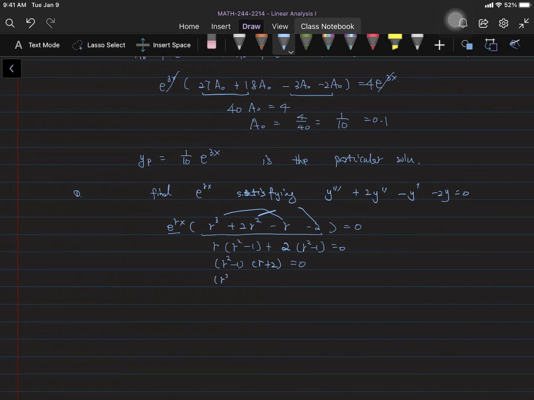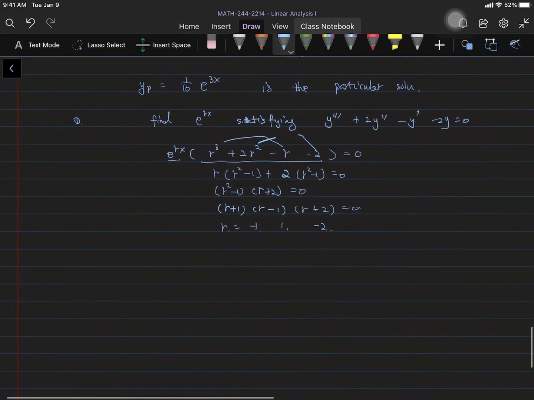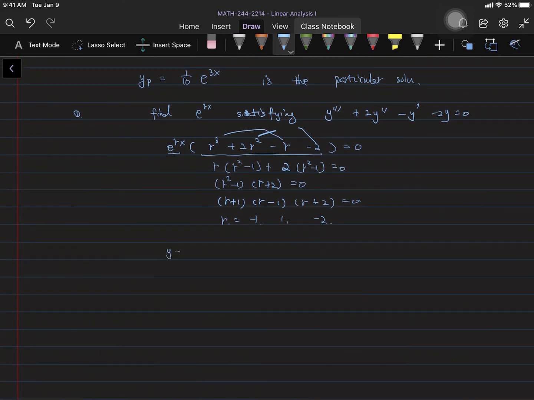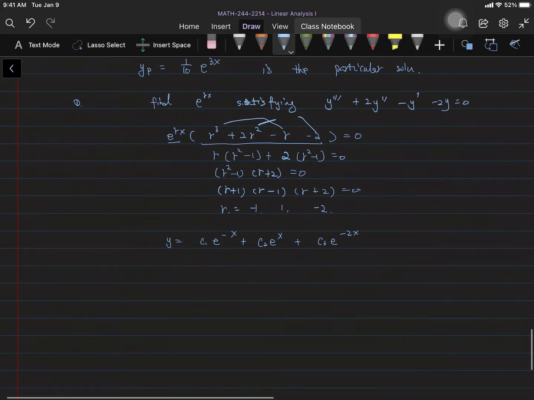Further factor r squared minus 1, so it becomes r plus 1, r minus 1, r plus 2. So what are the solutions for r? Negative 1, 1, negative 2. So what is the general solution to the homogeneous equation? e to the negative x, e to the positive x, e to the negative 2x.